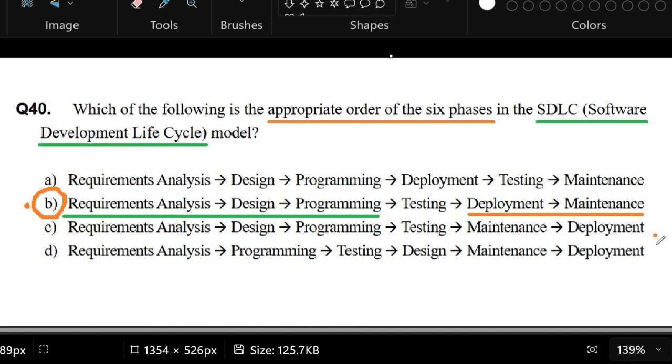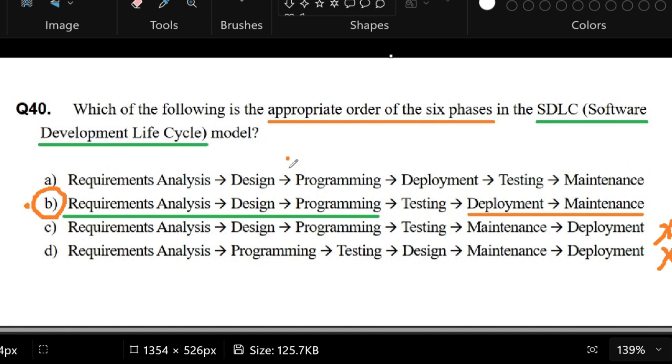So if that's the case, then we would be able to eliminate C and D, right? This one, C and D, because at the end they have deployment, and we know that you gotta deploy the software first before you can maintain it, right? So if we know that, then we're down to A and B.